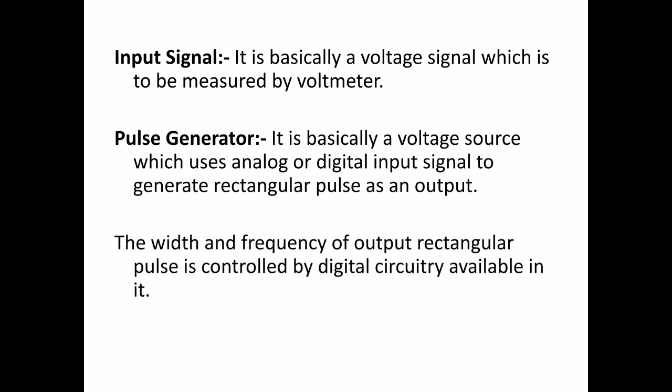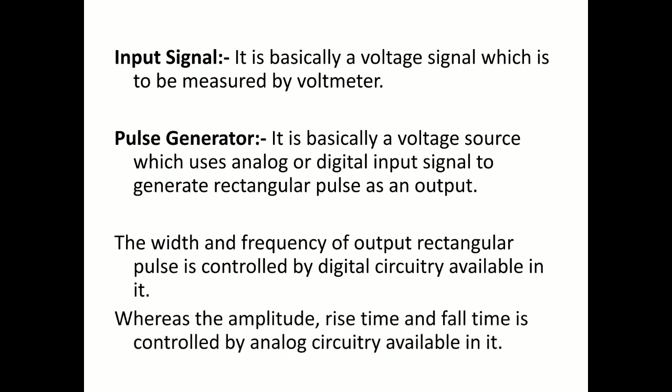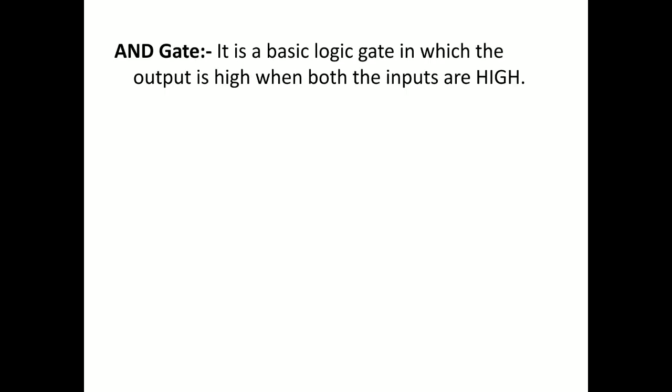For example, to control the width and frequency of the rectangular pulse generated as an output, it has digital circuitry in it. In the same way, it also consists of analog circuitry which is responsible for controlling the amplitude, rise time and fall time of that output signal. Next component is AND gate.